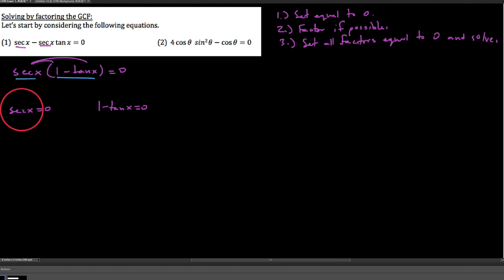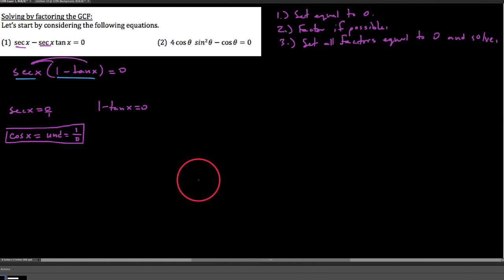I noticed that I already have my trig function by itself, which is a primary goal of all of our solving here, but this is also a reciprocal trig function. One thing I do want to mention is that if secant of x is equal to 0 over 1, then it would be true that the cosine of x would be undefined. I'm actually going to write 1 over 0. So we're going to ask, for what angles is cosine ever undefined?